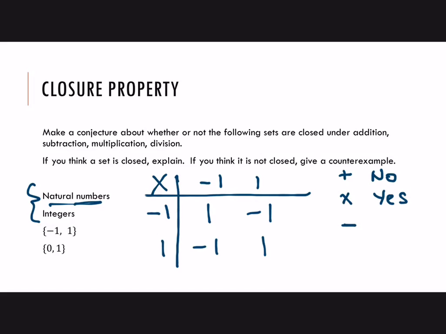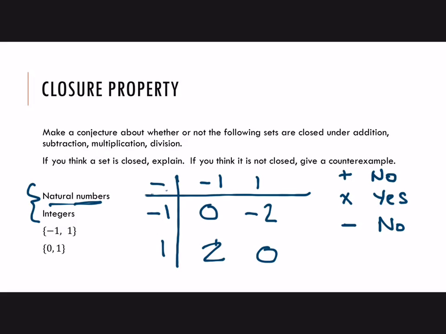All right, and then we do the same thing, check subtraction and division. All right, so subtraction is, let's see, this. Okay, and that one is not closed.